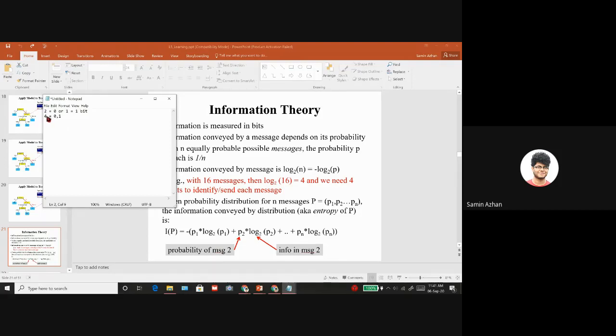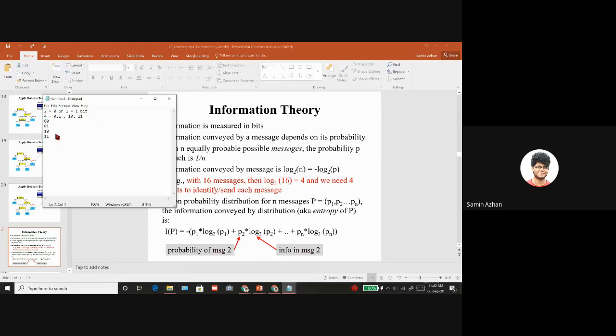We would require another bit, another cell, and then we can represent them by 1 0 and 1 1. So if we're trying to represent four messages, it would be 0 0, 0 1, 1 0, and 1 1. So these are our four messages.